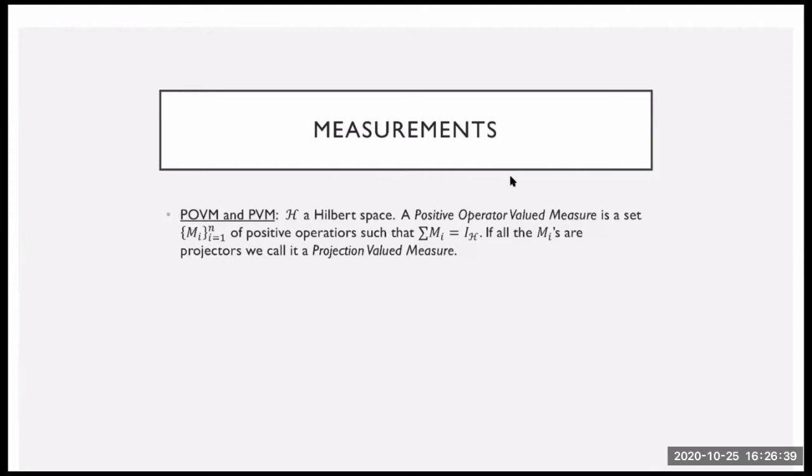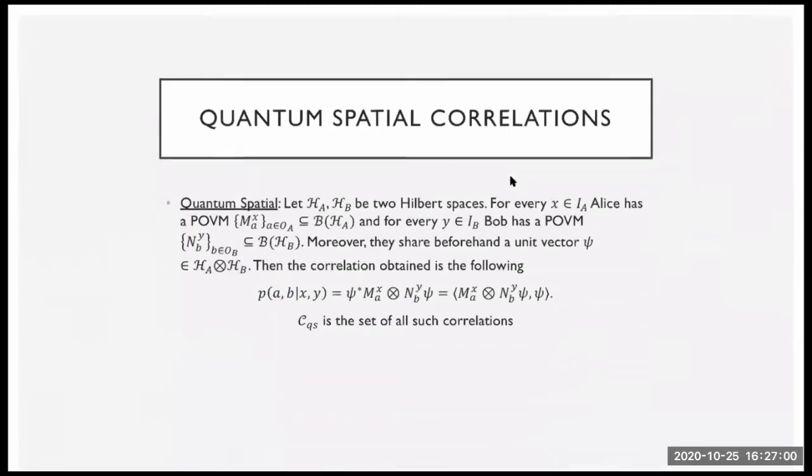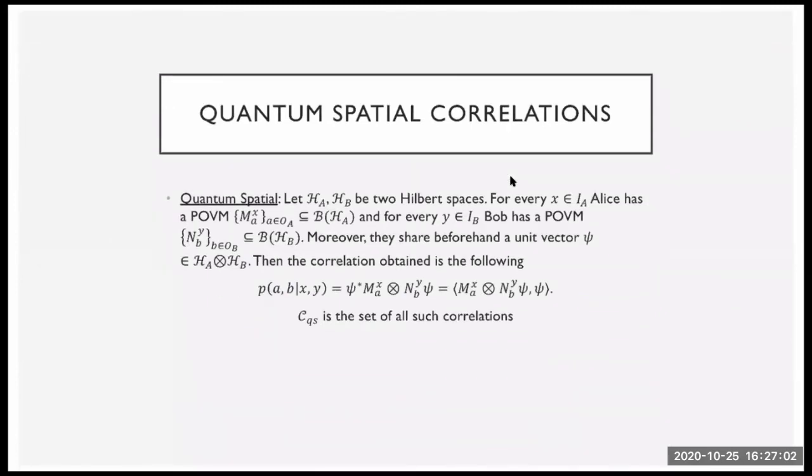If these are all projectors, so if all these M_i are projectors, this is called a projection valued measure, a PVM. So when I say PVMs, I mean that all these operators are projectors. This is the case that Guy talked about last time. Great. Now we can define other correlation sets.